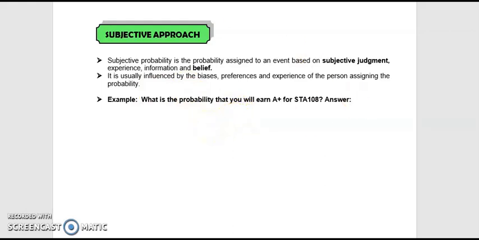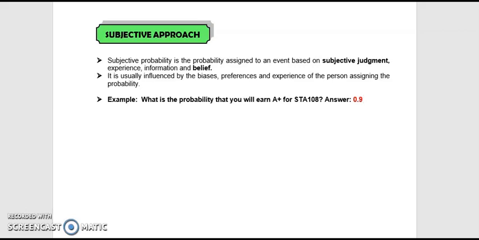So for example, what is the probability that you will earn A plus for ST108? Based on your own judgment, you already learned a few topics, maybe your probability is 0.9. 0.9, closer to 1, means that you believe that 90% you will get A plus for your STA108.